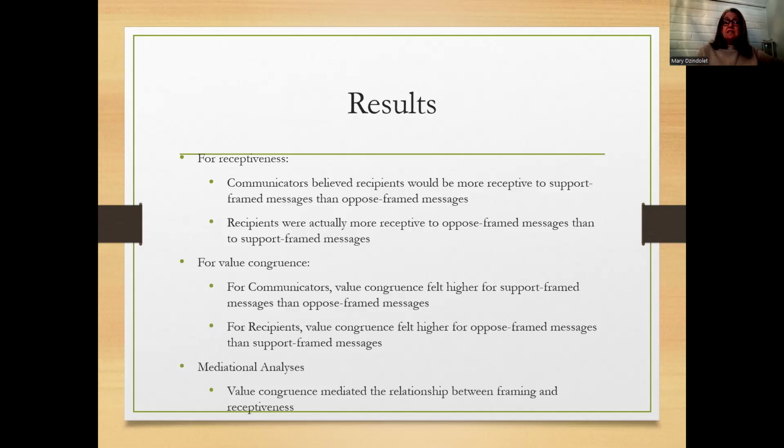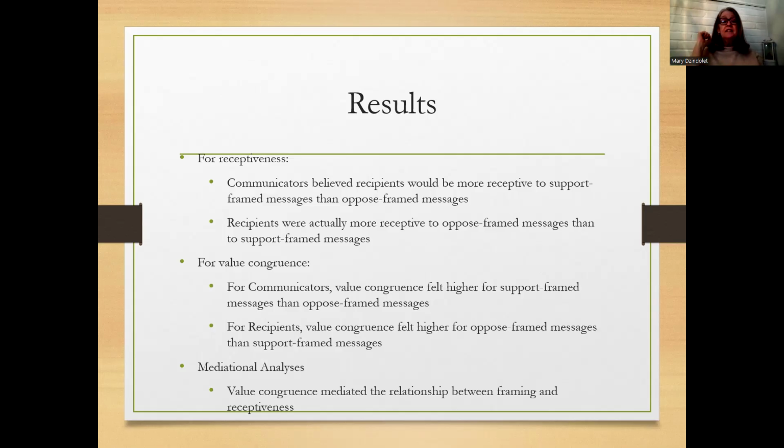For receptiveness, the communicators believed recipients would be more receptive to support frame messages than opposed frame messages. But in reality, the recipients were actually more receptive to opposed frame messages than support frame messages. And for value congruence, for communicators, value congruence felt higher for the support frame messages than the opposed frame messages. And for recipients, value congruence felt higher for opposed frame messages than support frame messages.